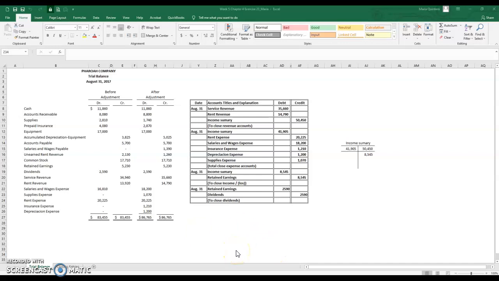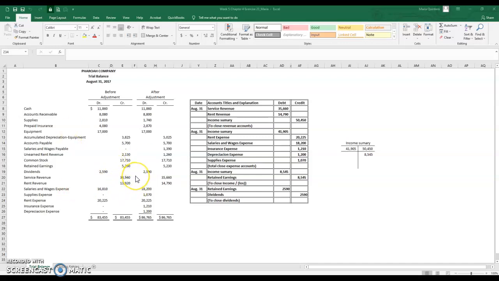To prepare a closing entry, the first thing that we have to do is to record all the revenues to close the account. And we can see the company of Faro Company. It has some revenue accounts, and we have to close these accounts.